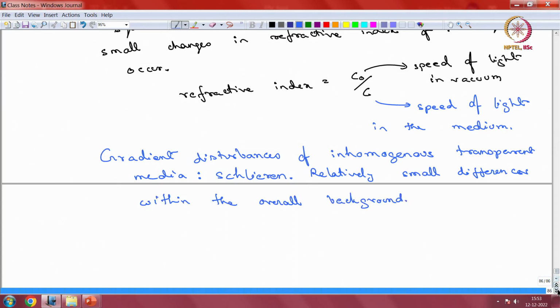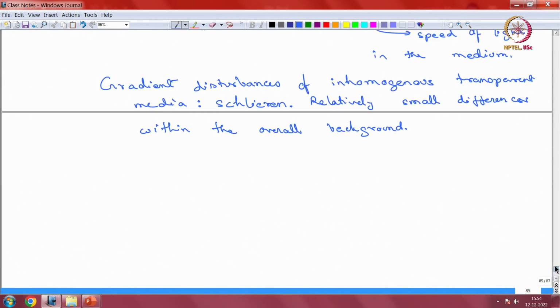So Schlieren differences can be of, or rather, Schlieren may have, okay.